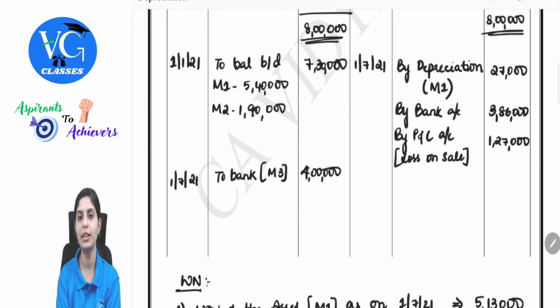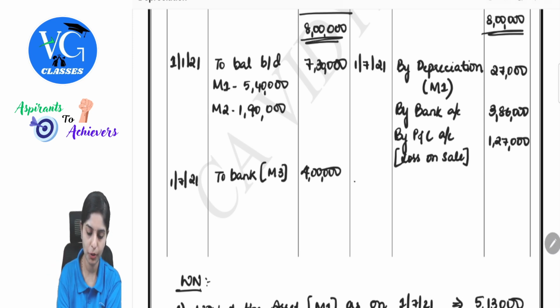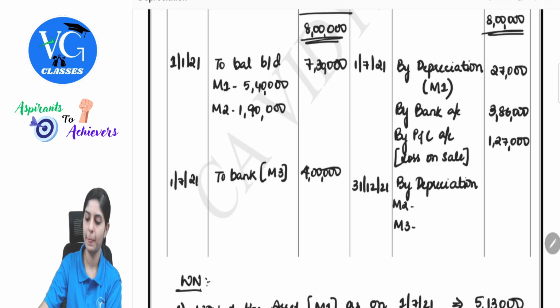Now here for machinery 1, depreciation is already given. There is machinery 2, and along with that there is one more new machinery. So for this we will record depreciation, by depreciation, machinery 2 and machinery 3.